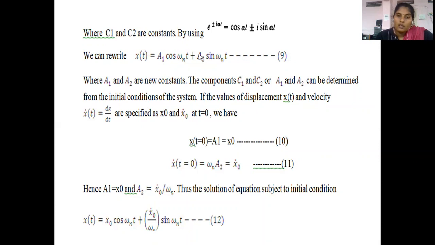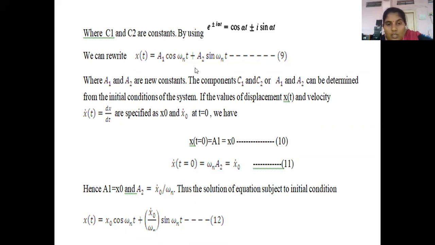So dx by dt is equal to the first derivative of a1 into cos of omega nt. A1 is the constant, the derivative of cos is minus sine, so minus a1 into omega n into sine of omega nt. That is the first term.